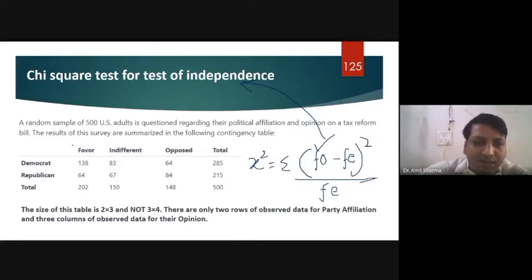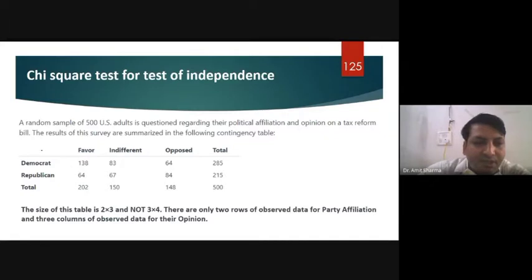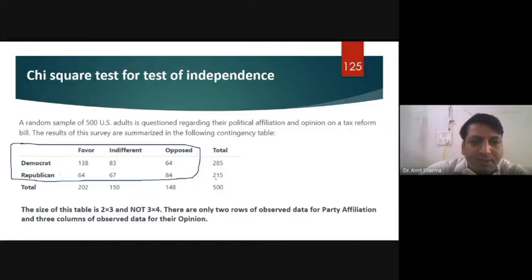You can see here the contingency table where I have mentioned the example. This is called a contingency table, up to here under the blue box. You are going to ignore the totals. You are going to get this table in the exam.